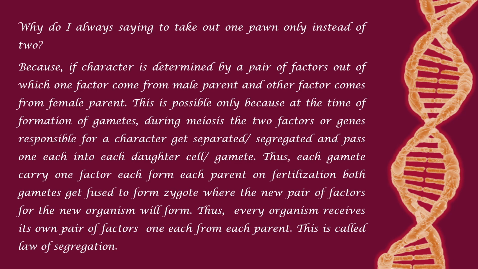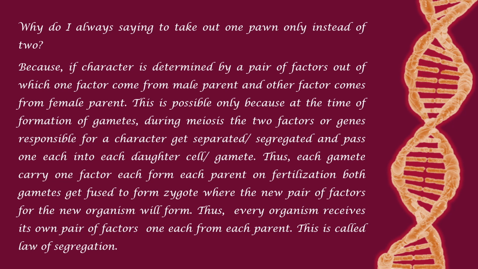Why do I always say to take out one pawn only instead of two? Because if a character is determined by a pair of factors, one factor comes from the male parent and the other factor comes from the female parent. This is possible only because at the time of formation of gametes during meiosis, two factors or genes responsible for a character get separated, segregated, and pass on into each daughter cell or gamete.